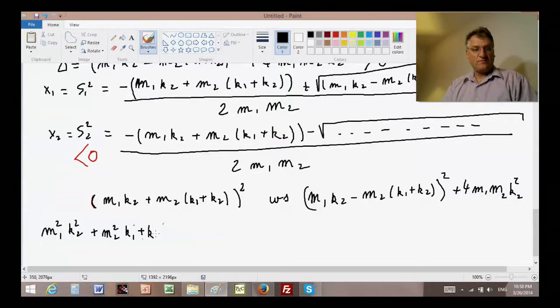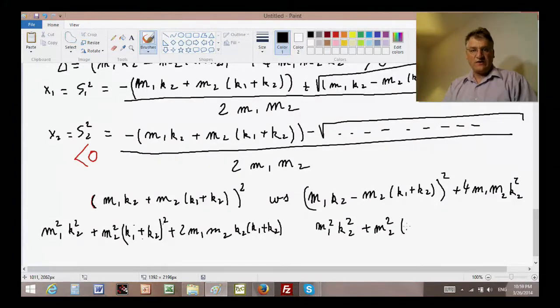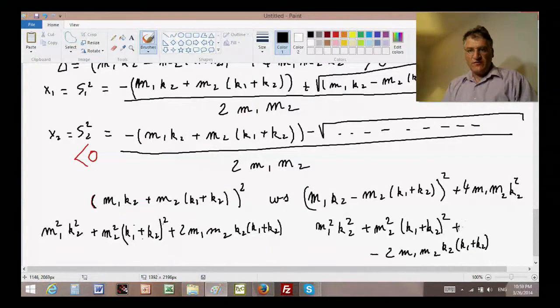So k1 plus k2 squared plus 2m1 m2 times k2 times k1 plus k2, and we need to compare that with m1 squared k2 squared plus m2 squared k1 plus k2 squared minus 2m1 m2 times k2 times k1 plus k2 plus 4m1 m2 k2 squared.